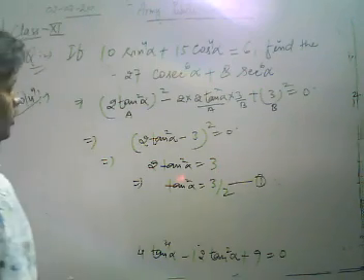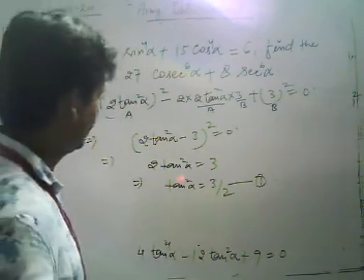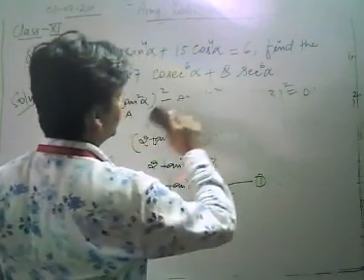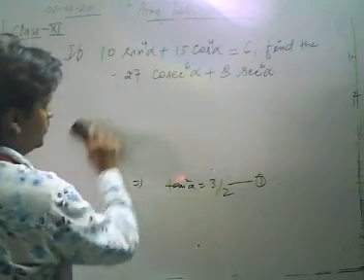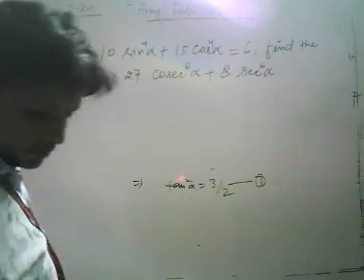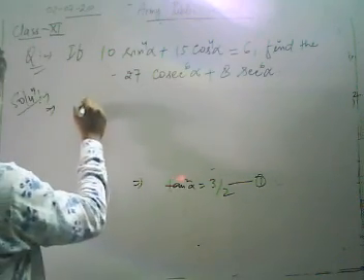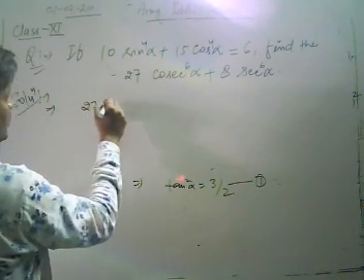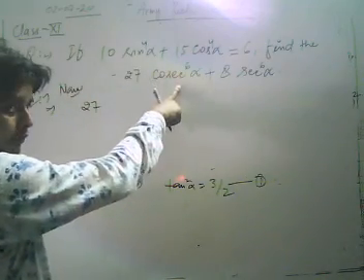Now we find the value of 27 cosec to the power 6 alpha.